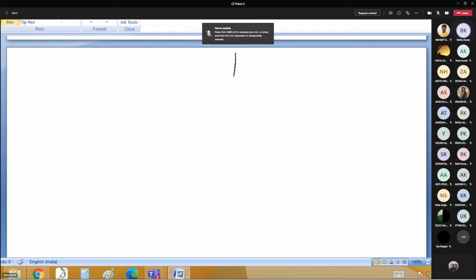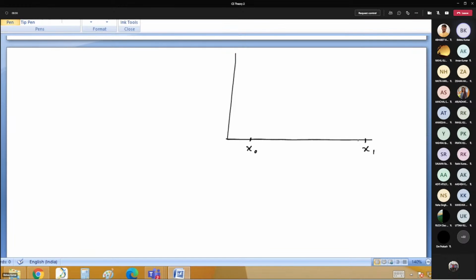Let me again try to draw this graph nicely. This is the x0 and this is the x1. In between x0 to x1, it is cutting the x-axis, and I am telling you, it is not the middle point. If I try to draw the graph, it looks like this.